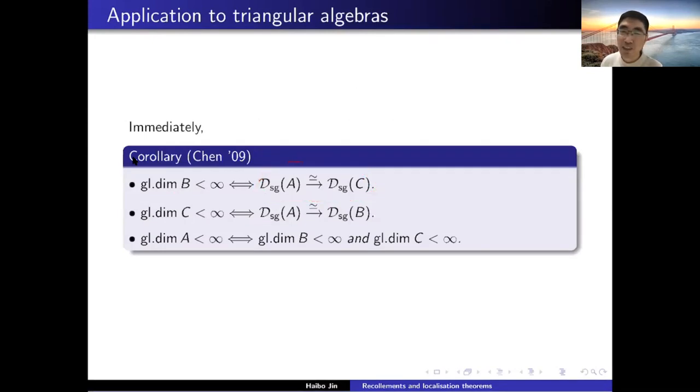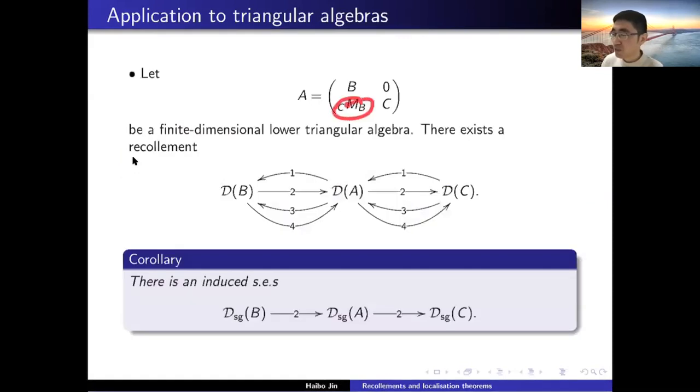We call it a singular equivalence. And similarly, if the global dimension of C is finite, then we get another singular equivalence. So this generalizes some results of Xiao-Wu Chen, where for the first singular equivalence, some assumption on M is needed. But here we just assume M is a finitely generated module. We don't need other assumptions.